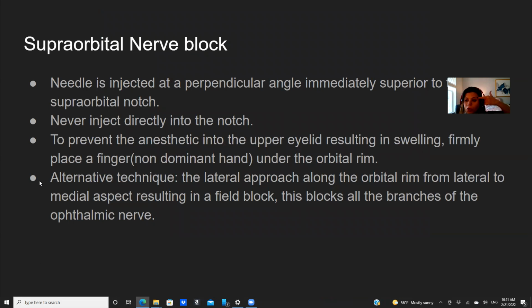Your needle is going to be parallel to the orbital rim, and you're going subcutaneously, injecting from lateral to medial. When you do that, that will result in a field block, because it blocks all the branches of the ophthalmic nerve. And same thing, you put your non-dominant finger so the anesthetic doesn't pull down to the eyelid.